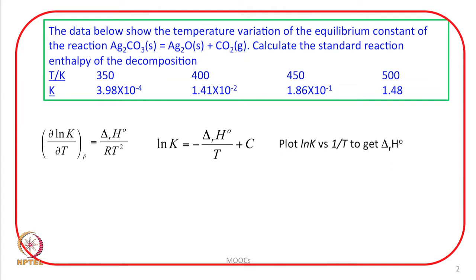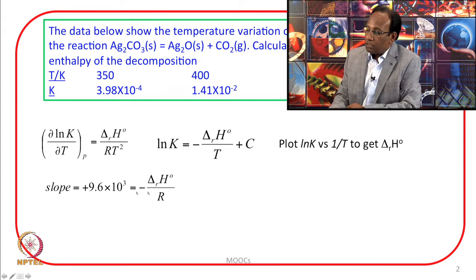And we plot log K versus 1 by T to get delta H naught. As I just discussed, if I plot log K versus 1 by T, there has to be R over here. So, the slope is going to be minus delta H naught by R. Please note down, there is R here in the denominator.